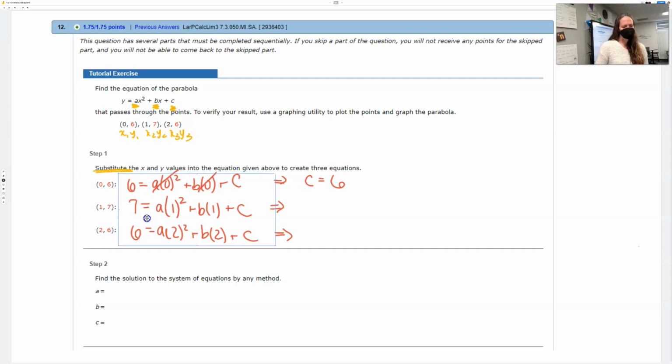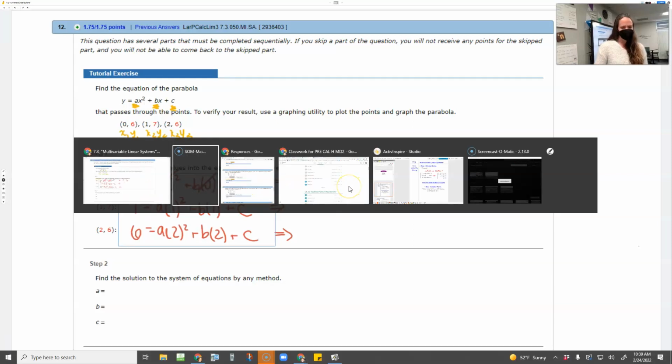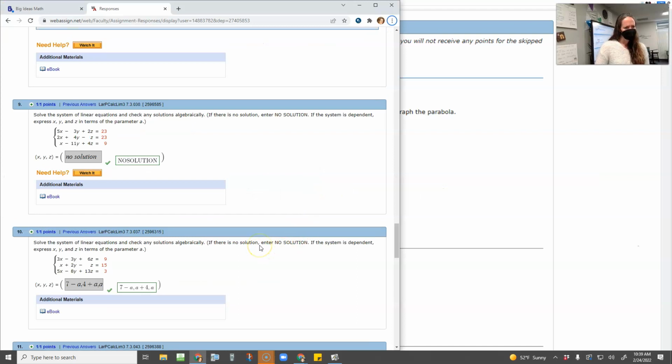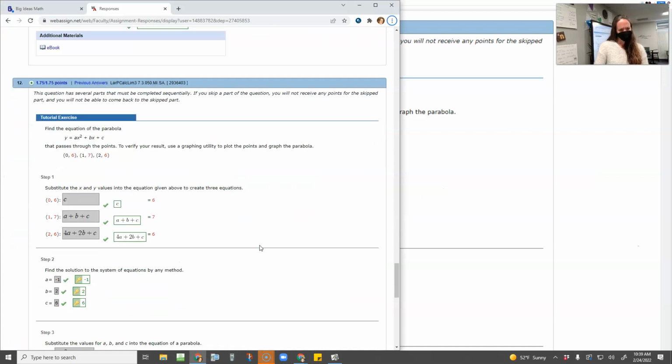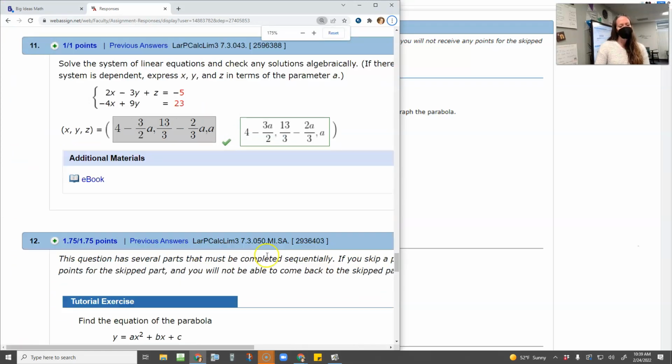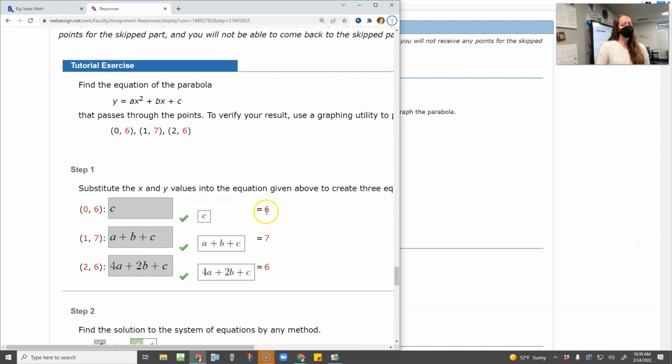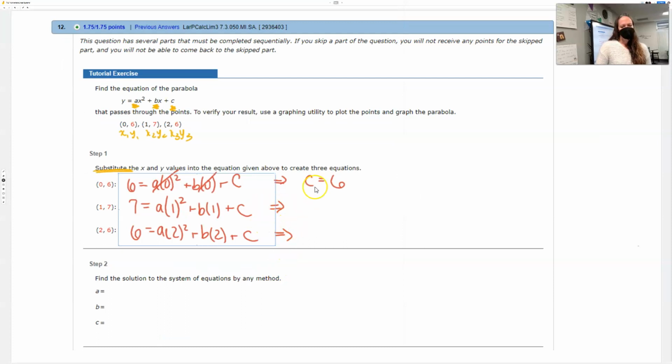Hold on, let me go to WebAssign for a second. All I see is the C and not the C equals 6. What was it, number 12? Oh, they have the equal 6. I took that off, sorry. They have the equal 6, the equal 7, the equal 6. That was my bad. I accidentally made my box too big. Can I make it smaller? There it is.